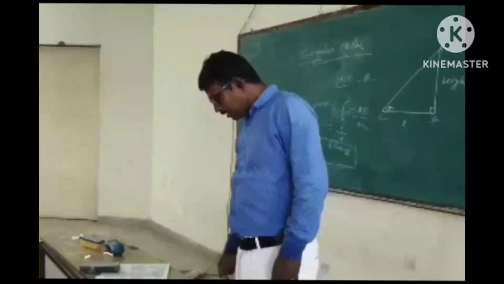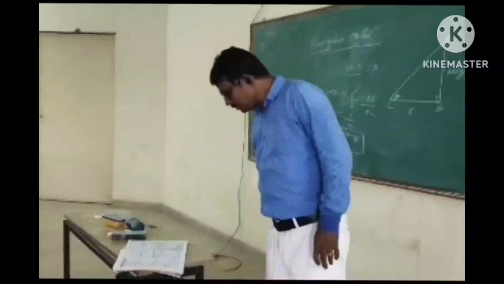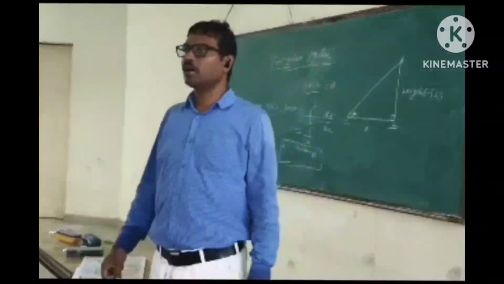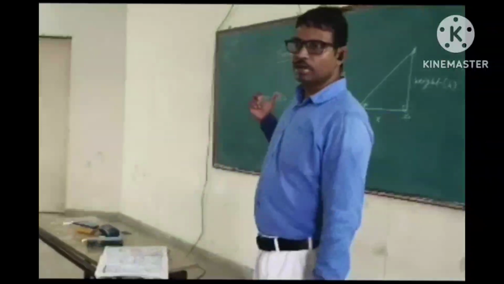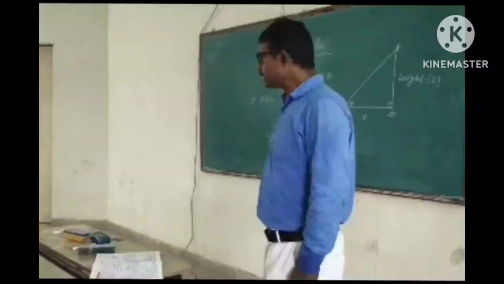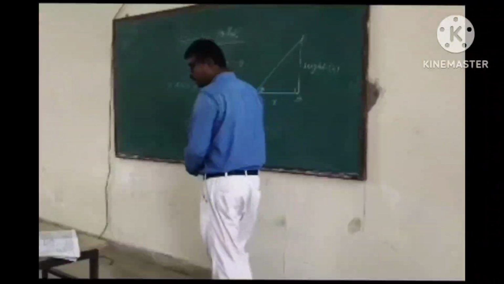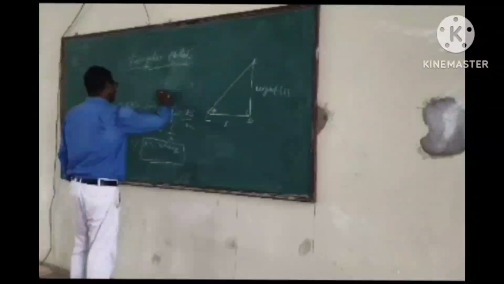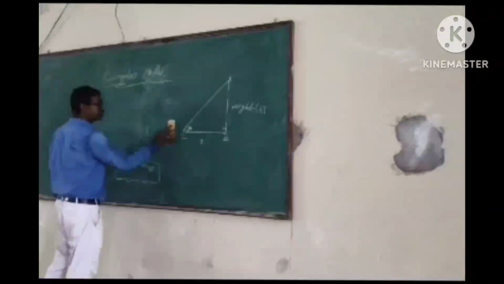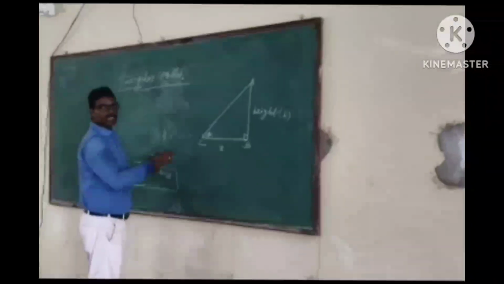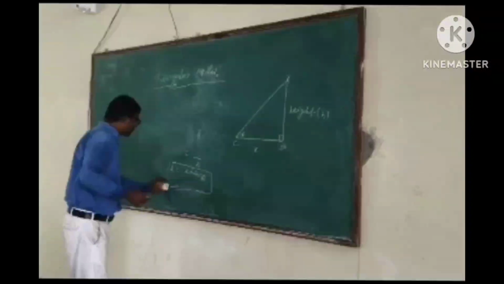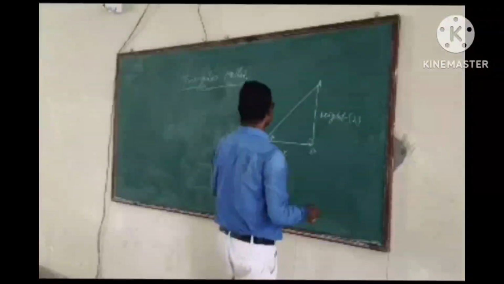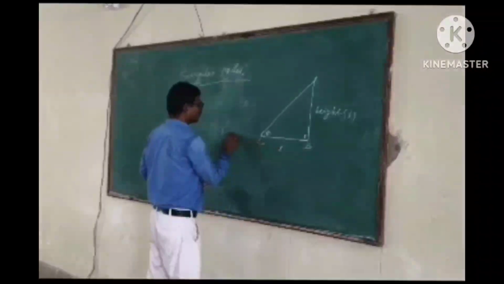This is applicable only for accessible objects. If that object is inaccessible, then the triangular method as described is for accessible ones. For inaccessible objects, you can take two points. Suppose the same thing I am including.